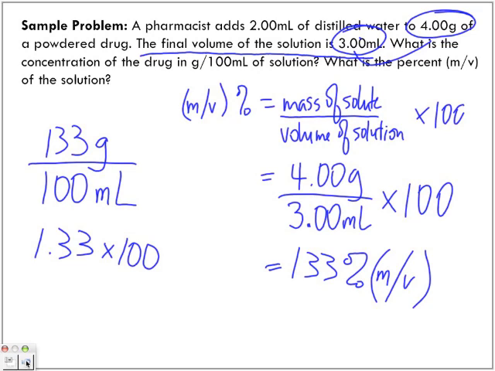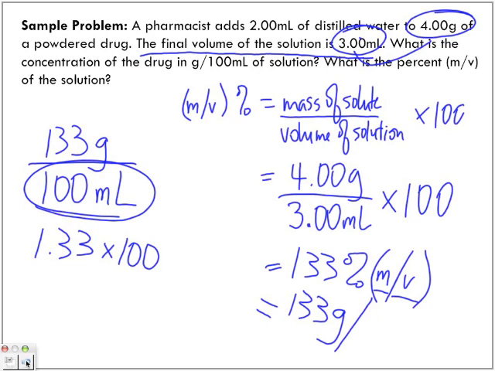Notice this 100 milliliters, we're always going to refer to it as 100 milliliters, because that will also give us our percent. So 133% mass per volume is also equal to 133 grams dissolved in 100 milliliters of volume. Here's our mass, 133 grams. Here's our volume, 100 milliliters. And we're finding it in terms of a percent. So our answer as a percent can also be related to grams per 100 milliliters.